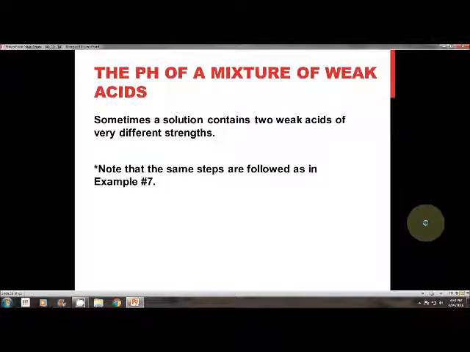Sometimes you can have a mixture of weak acids. And so when it contains two weak acids of very different strengths, we're going to actually follow the same steps as in example 7 and see which one would be the stronger and then use that one only.